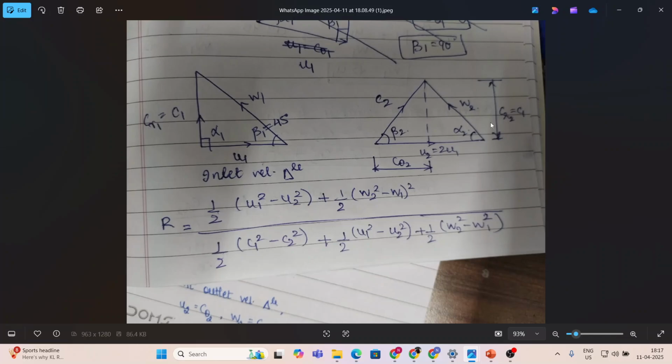Since nothing is given about the outlet angles, all we know is CR1 equals CR2, and in the inlet triangle CR1 is also equal to C1. So CR2, equal to CR1, is again equal to C1. This is the formula of the degree of reaction, and this is what we're going to solve.